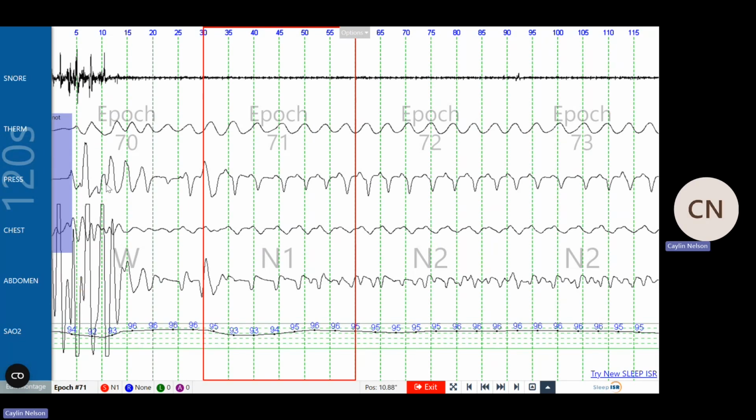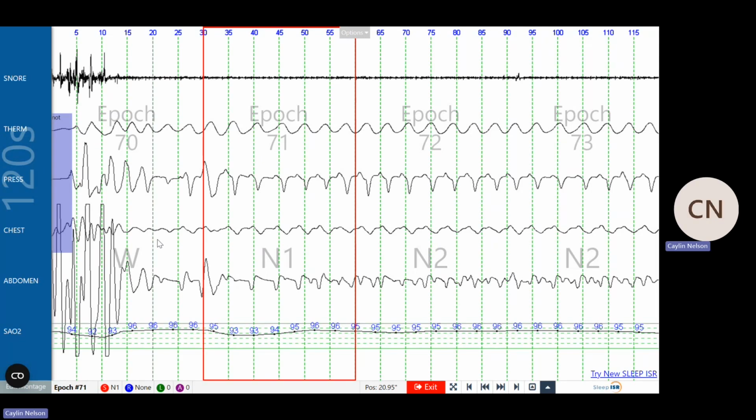We do see, when we look back in 70, there was that decrease in amplitude of airflow. Just remember that patient was awake. So obviously we're not going to score any sleep disturbances such as apnea or hypopneas or anything because the patient's awake. So we'll move on to N1, where you see if there's any true differences that cause any change in oxygen after the fact.